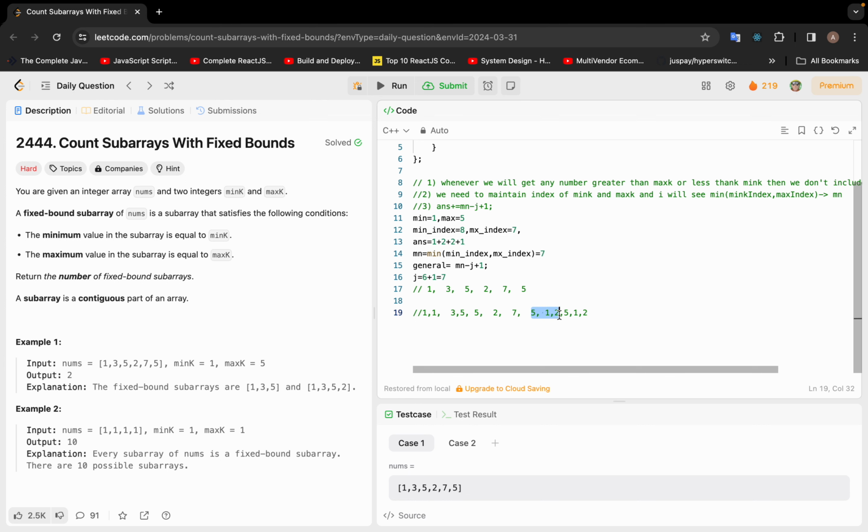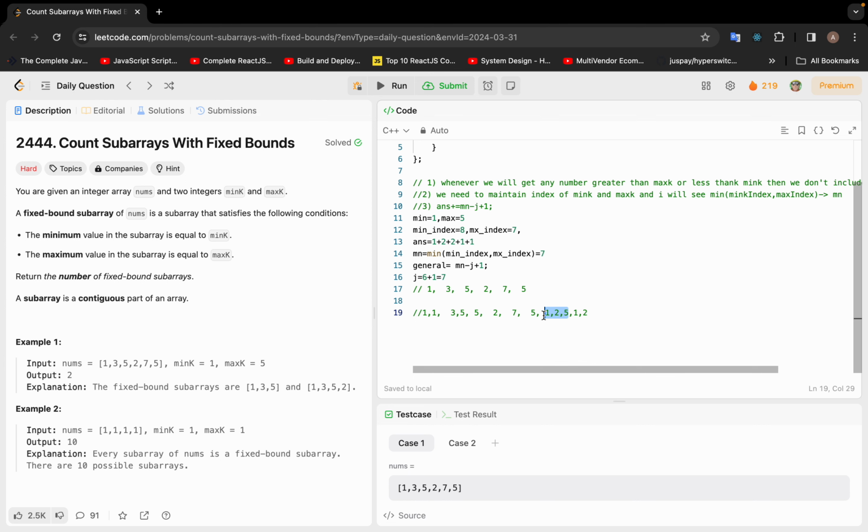Now again I include 2. Whenever I want to include this, I will see my minimum index again, which again comes to 7 here, and my jth value 7. This again equals 1, right? Because if you include 2, this can be the only answer. If you include 5, now this can also be an answer.